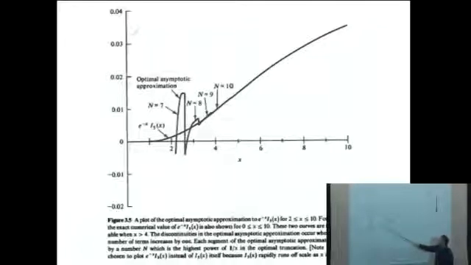Well, you notice as x gets bigger, the optimal asymptotic approximation takes more terms, okay? So when x is, say, between 2 and 3, there are 7 terms in the optimal asymptotic approximation. So you understand what that means?